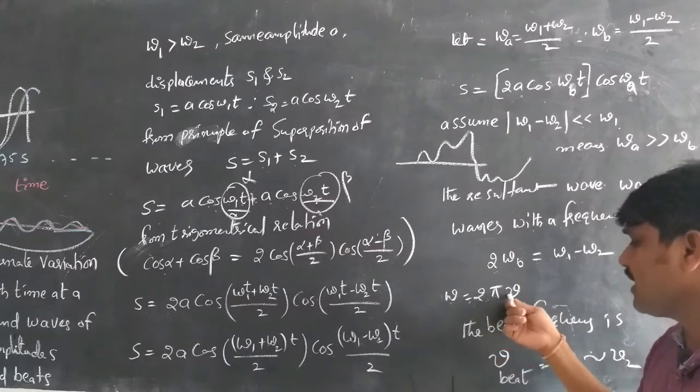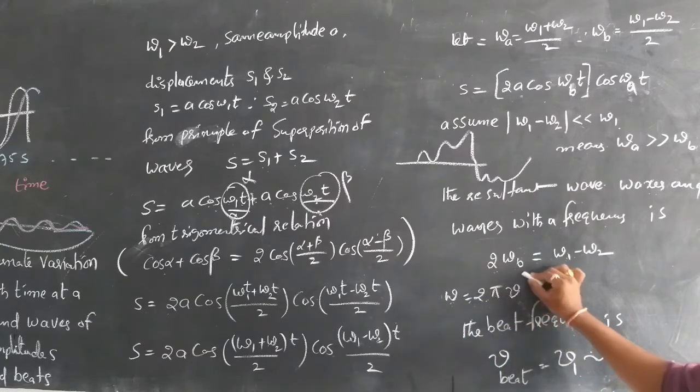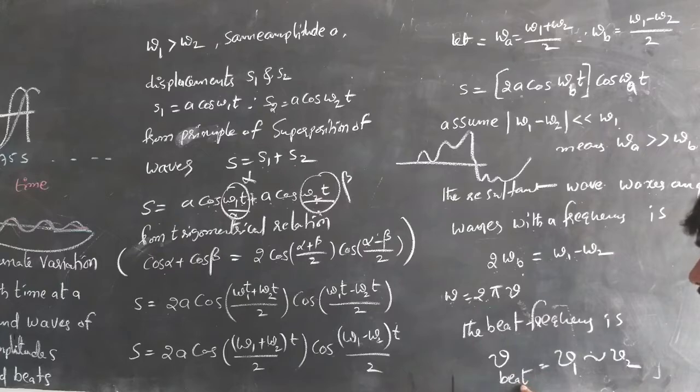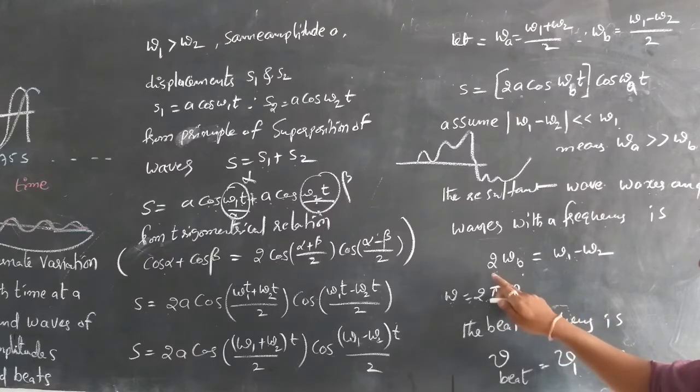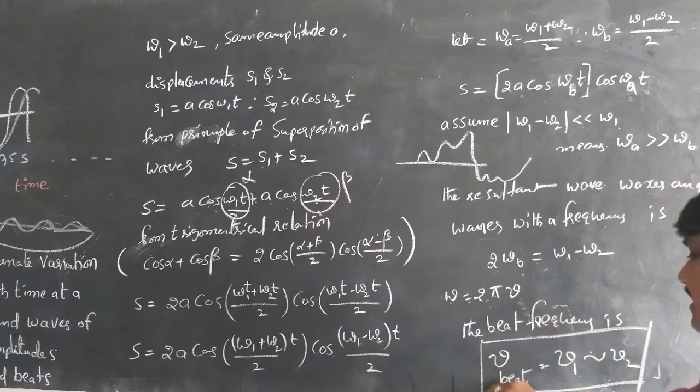So in 2 pi nu, for the beat frequency, whenever we substitute this in the equation, both sides cancel. Omega B becomes 2 pi nu beat. Then 2 pi nu beat is equal to 2 into (omega 1 minus omega 2) by 2, and cancelling at both sides, nu beat is equal to nu 1 minus nu 2. This is the equation for beat frequency.